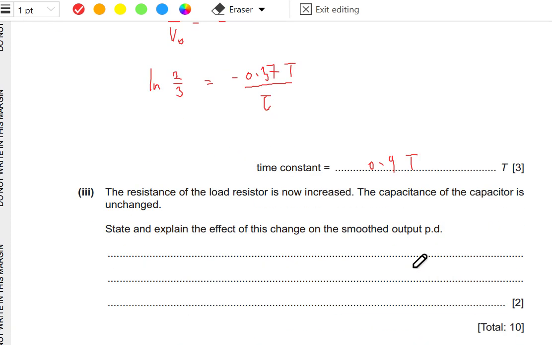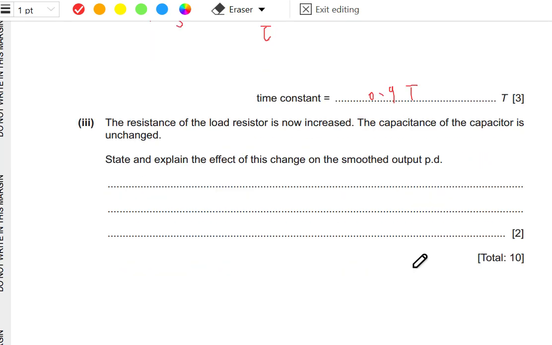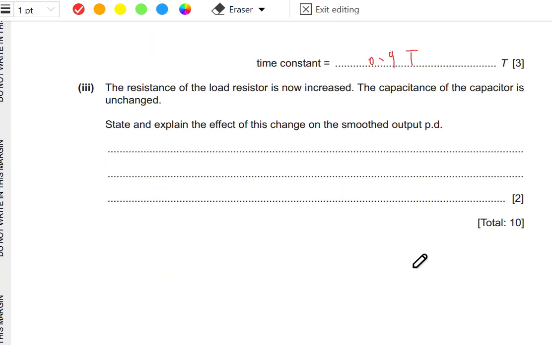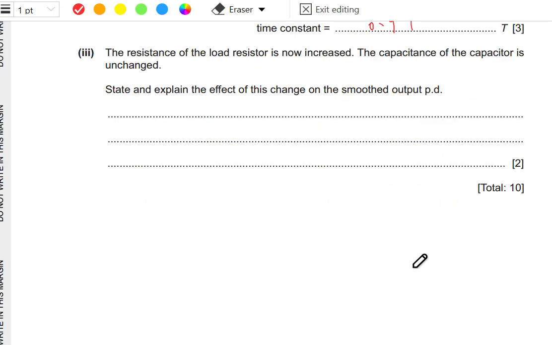The resistance of load resistor is now increased. The capacitance of the capacitor is unchanged. State and explain the effect of this change on smooth output potential difference. So as resistance increased, tau increased, because tau is RC and R increased.